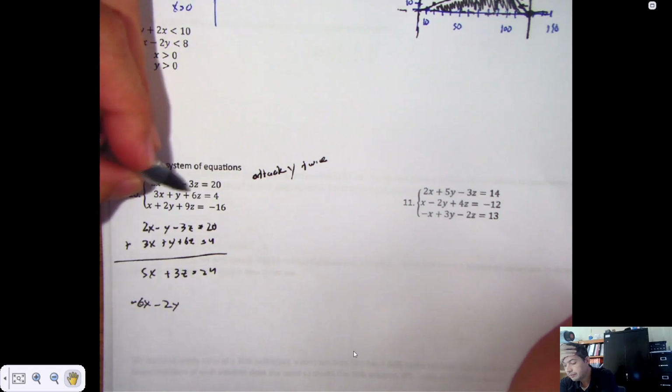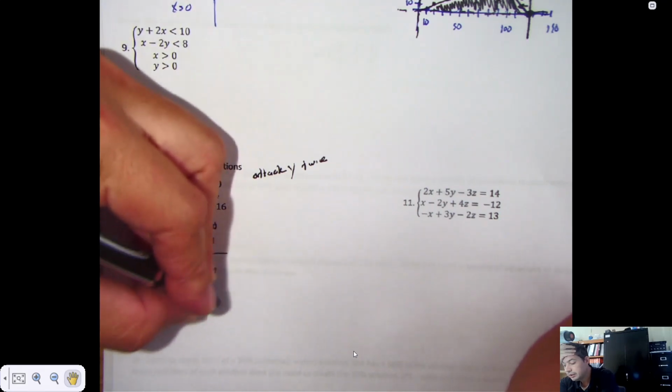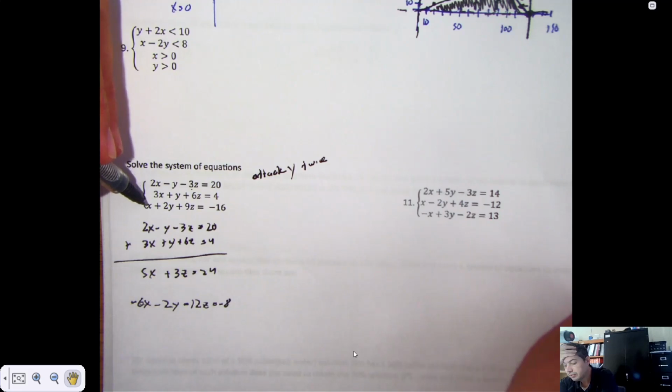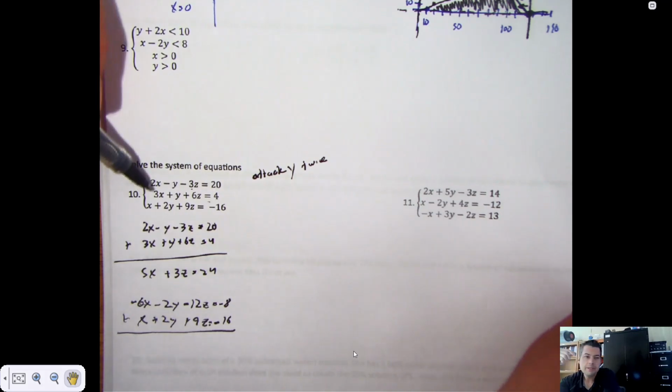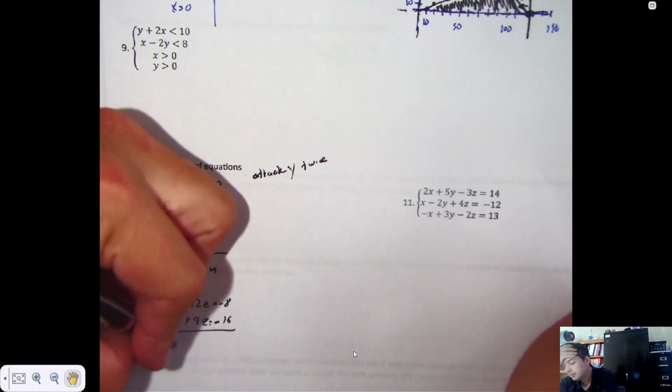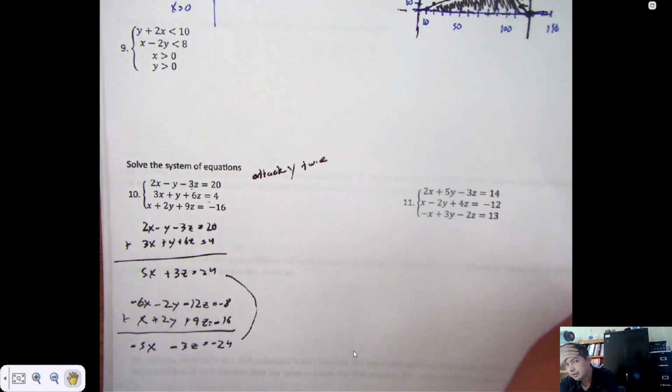So that'd be negative 6x minus 2y minus 12z equal to negative 8. And I'm going to go back with the third equation here: x plus 2y plus 9z is negative 16. And I'm going to add them together. So again, what I did is I multiplied the second equation by negative 2 so that the y's would add up and disappear. Negative 5x minus 3z is negative 24. And now I have a new system with only 2 variables.